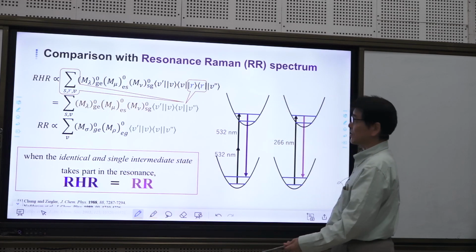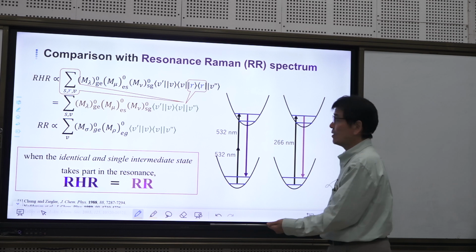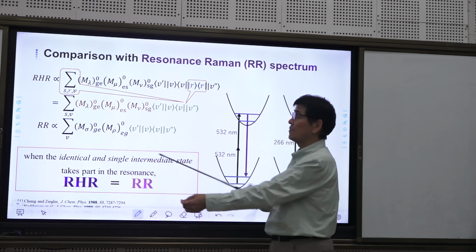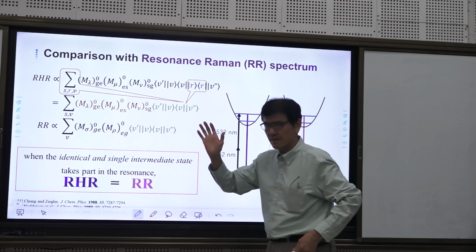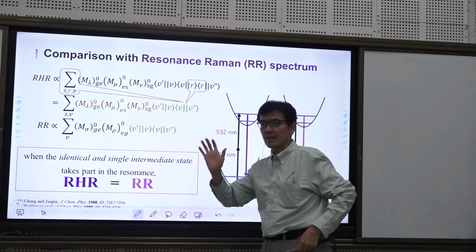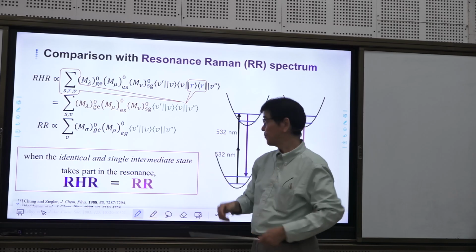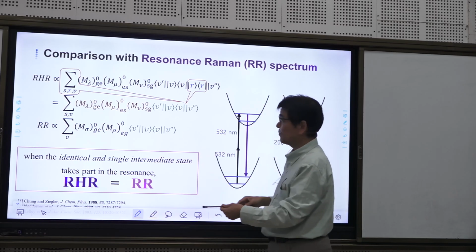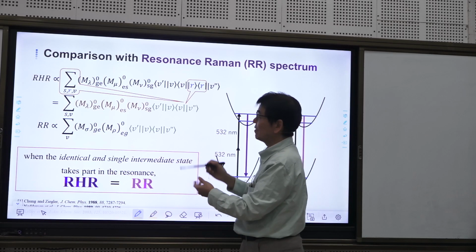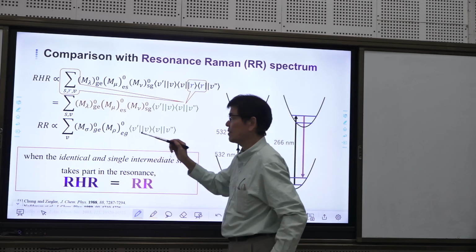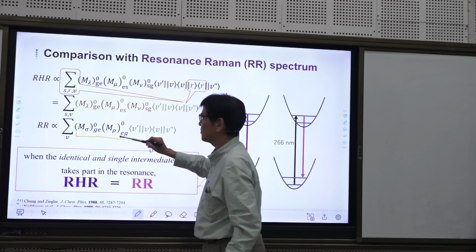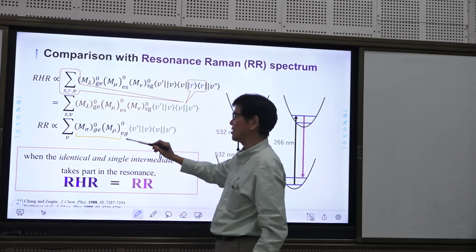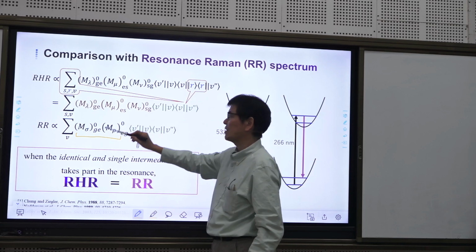Here is one explanation. I explained the resonance. I introduced the Raman tensor formulation, and the formulation of the Raman tensor contains the terms of the transition dipole moment between ground and excited states.